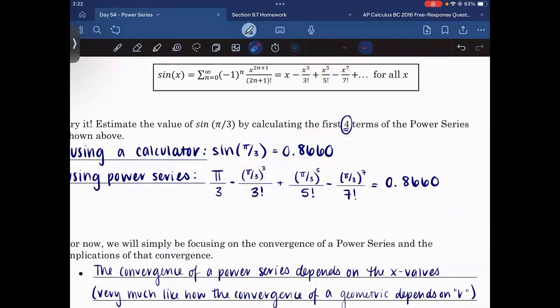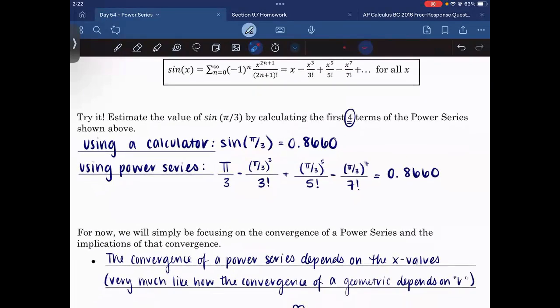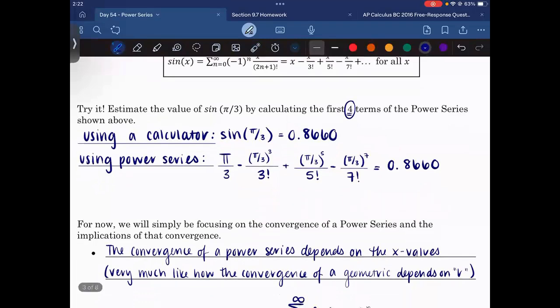And then if we plug it in using the power series, it should be approximately the same answer. It usually will be pretty close, but then we're going to have error bound stuff, which we talked about, alternating series error bound, and then we're going to talk about Lagrange error bound. Mixed feelings on that one. Pretty much the same though.